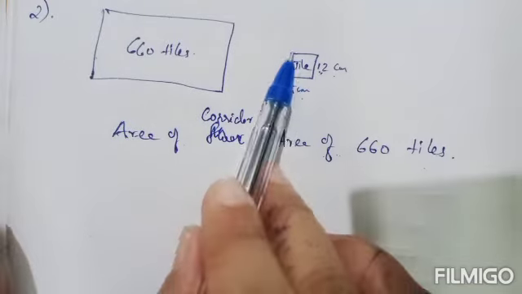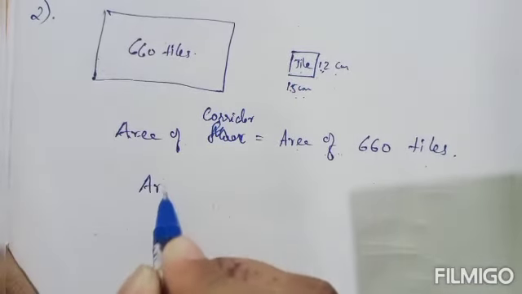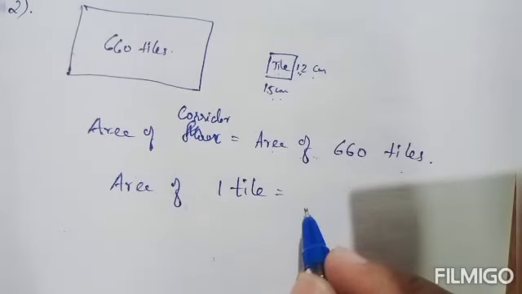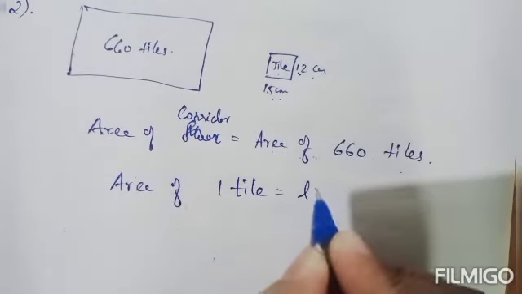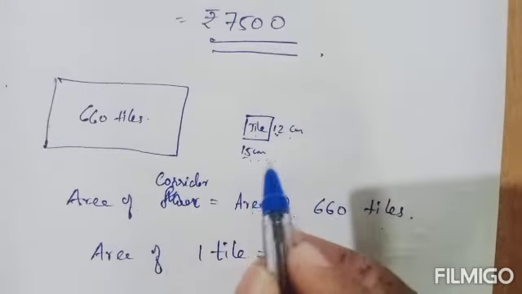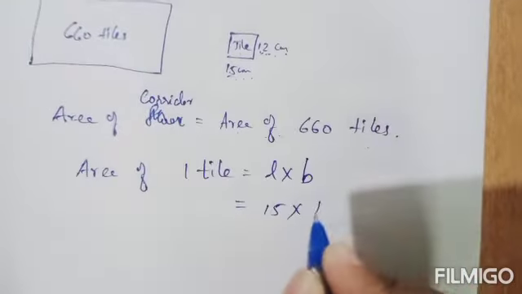For that, the tile's length and width are given. Okay, so we can find the area of one tile. How can you find it? The tile is in rectangular shape, so length into breadth will be the area. Length is given as 15 centimeter and width is given as 12 centimeter.